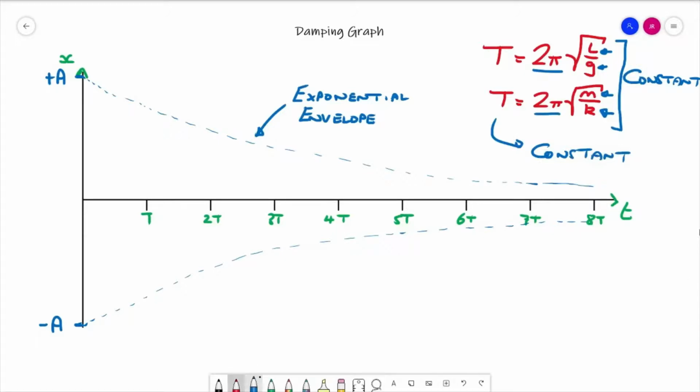When we translate that onto the graph then, because the time period is a constant, if we start at positive A, then after one time period we'll be back at positive A, and so on. So whenever we have whole time periods, we're always going to be at the positive amplitude position. Obviously, therefore, at half time periods, we will be at the negative amplitude position.